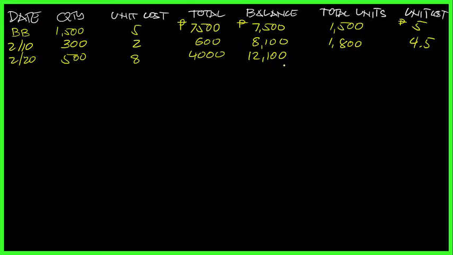Anyway, ilagay ko pa dito pesos para alam natin na pesos yan. Okay. So, how many units do we have? 1,800 plus 500, you now have 2,300. And let's compute that. 12,100 divided by 2,300 units.